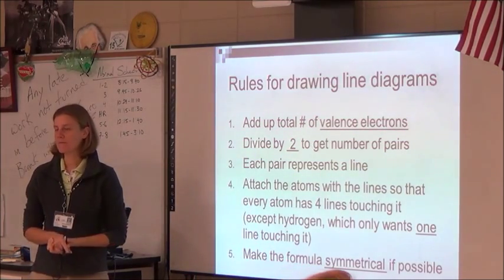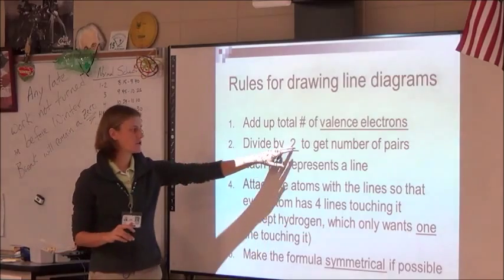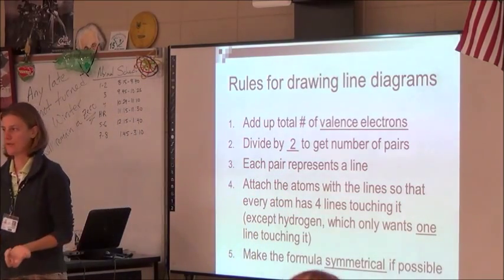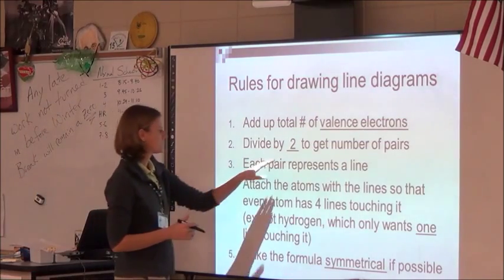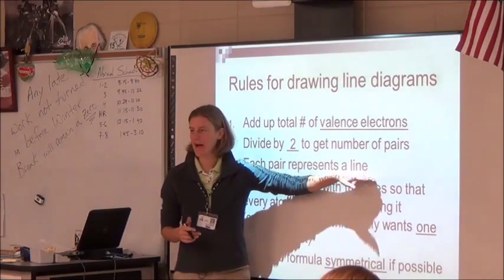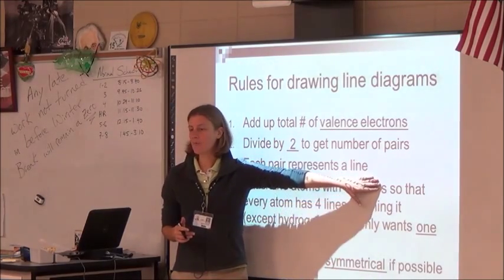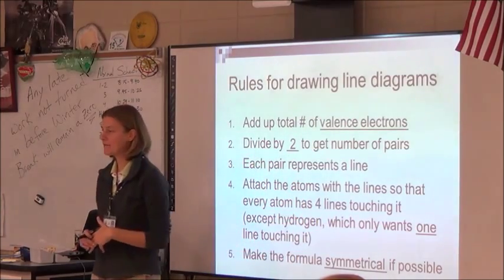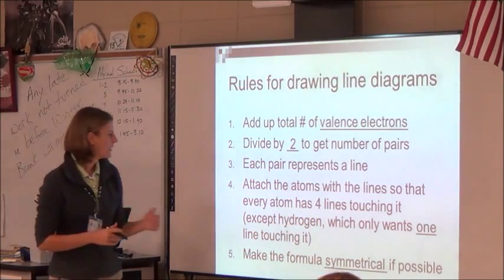Then, since everything happens in pairs, divide by 2. I don't care about total valence electrons, I care about how many pairs of valence electrons. Whatever that answer is, that's how many lines you have to draw. You can't draw more, you can't draw less, because the lines represent how many valence electrons you have. You have a set number of valence electrons.